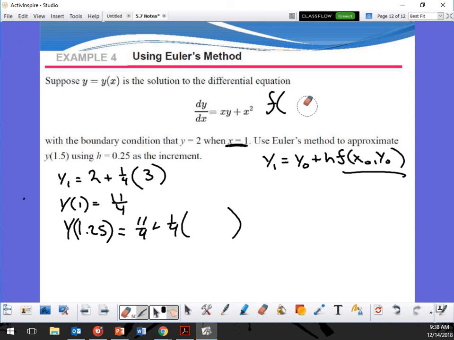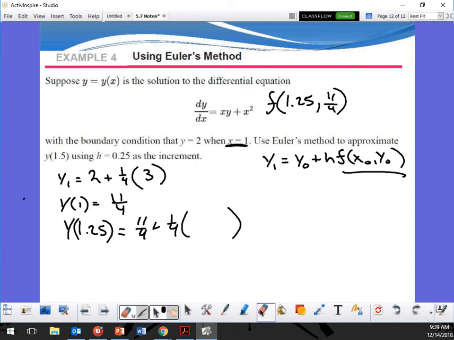The next one's going to be 1.25, or 5 over 4.